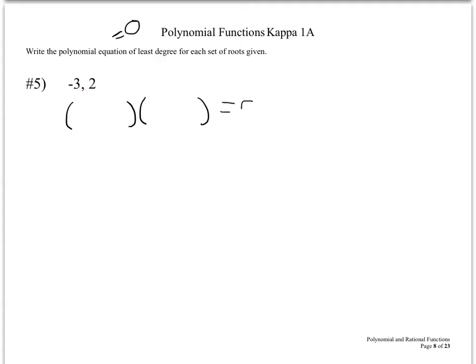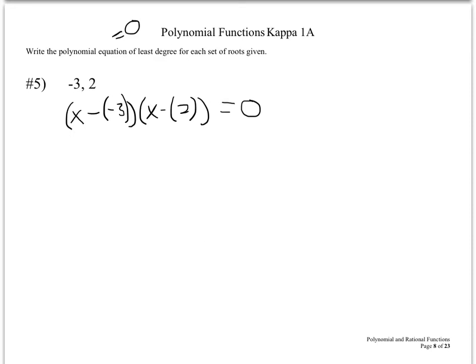And this is always equal to 0 because it says equation. If it said polynomial function, this wouldn't be a 0, it would be a y, or it would be an f of x. In the first spot of each parentheses, you put an x minus. In the second spot, you put whatever it is you're subtracting. Technically, you should always use parentheses when substituting.